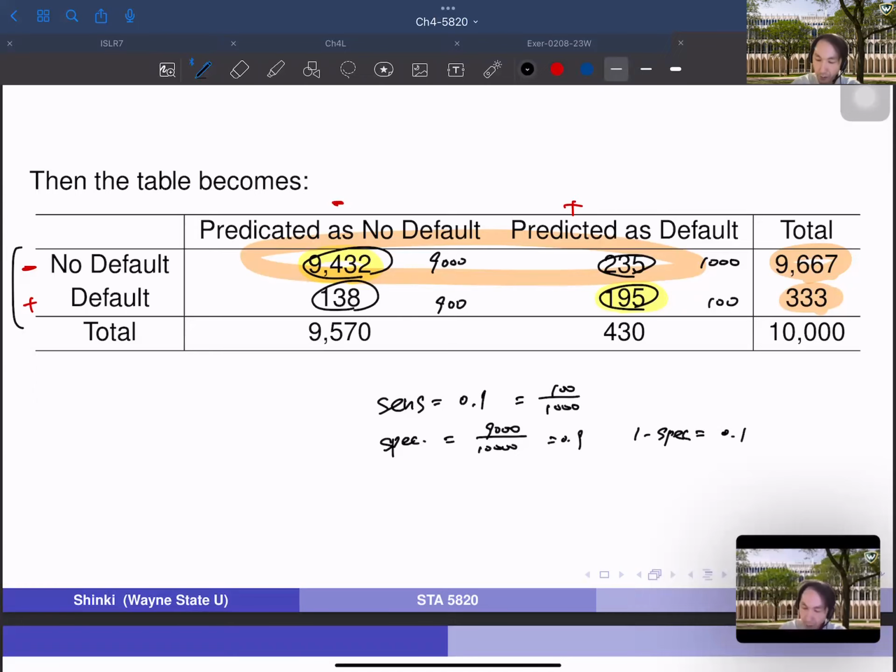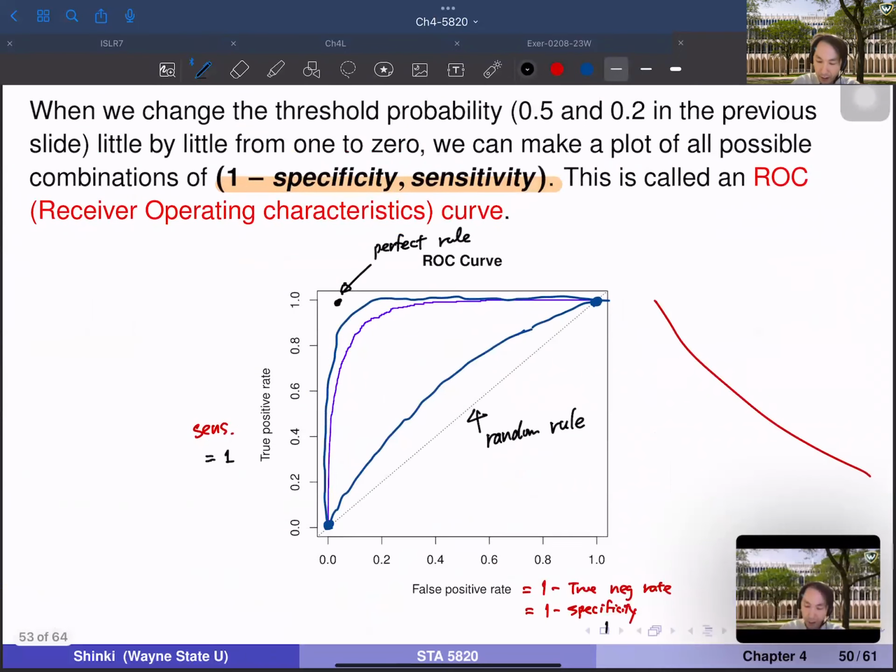So for the random rule, we have the diagonal line from (0, 0) to (1, 1). Our so-called ROC curve, receiver operating curve, is the blue curve. It has an area under the curve between 0.5 and 1 if the rule is at least better than the random rule.